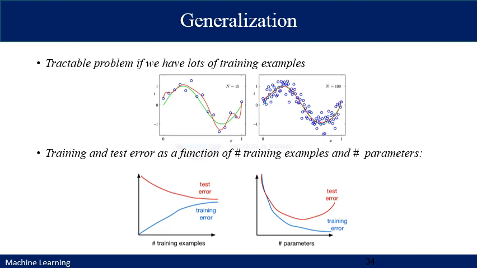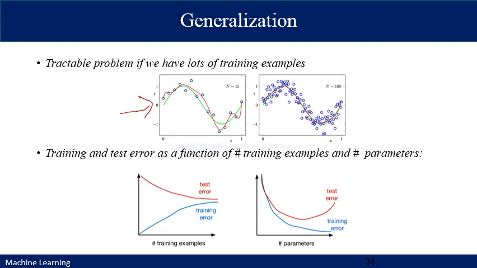Generalization has a close link with the number of training examples and the parameters of the model. The generalization problem is a tractable problem if we have lots of training examples. For example, a complex model with few examples will not be able to capture the details and it will overfit or underfit.